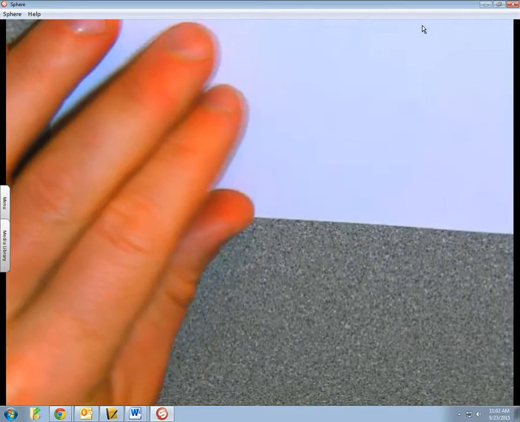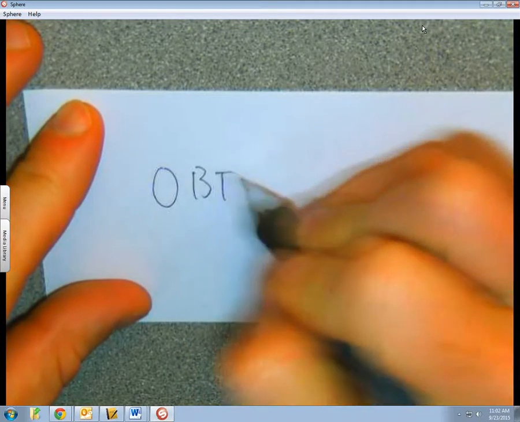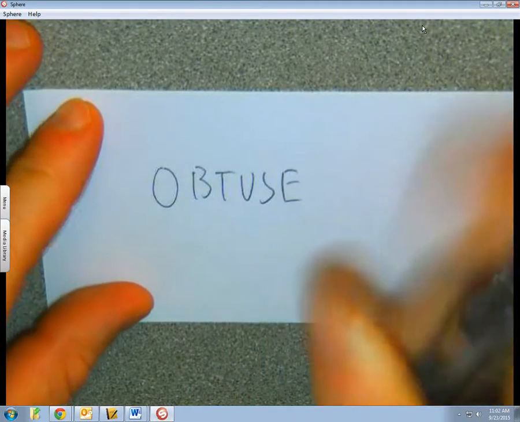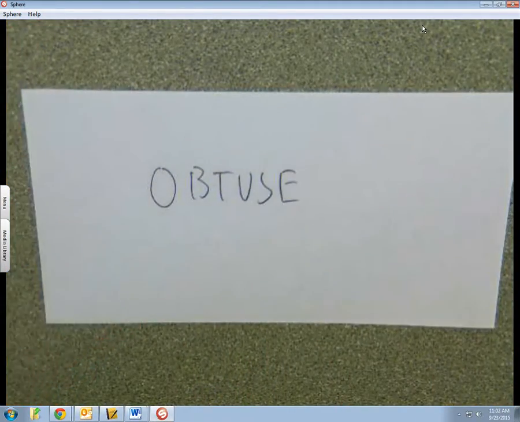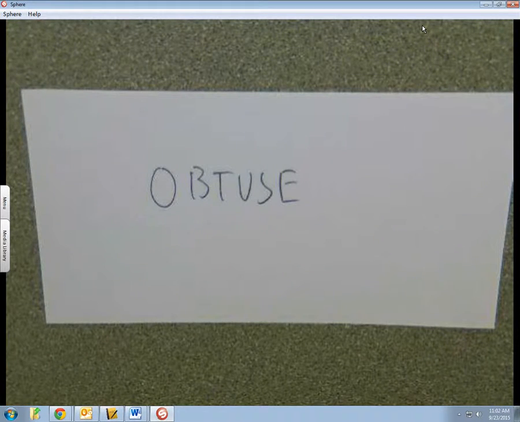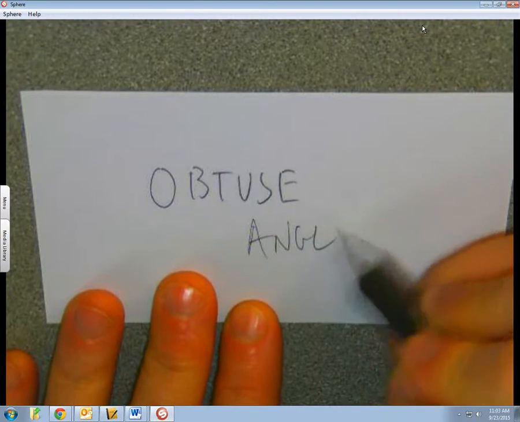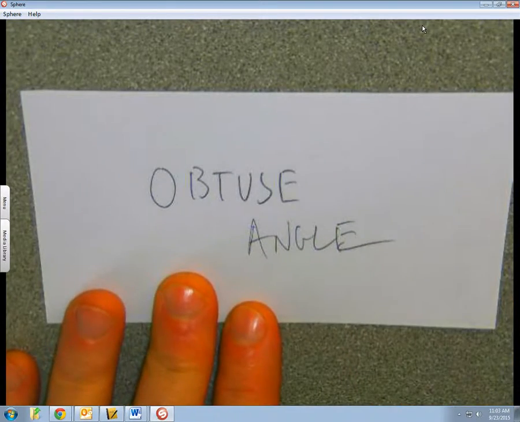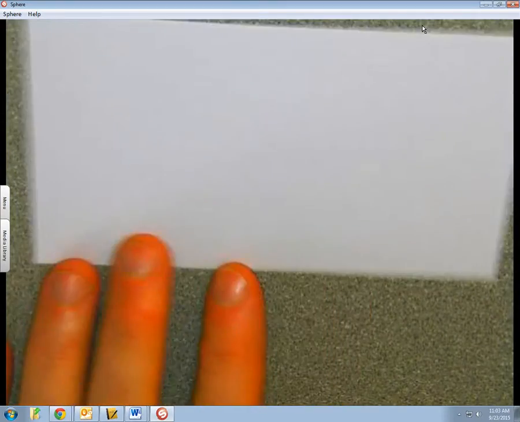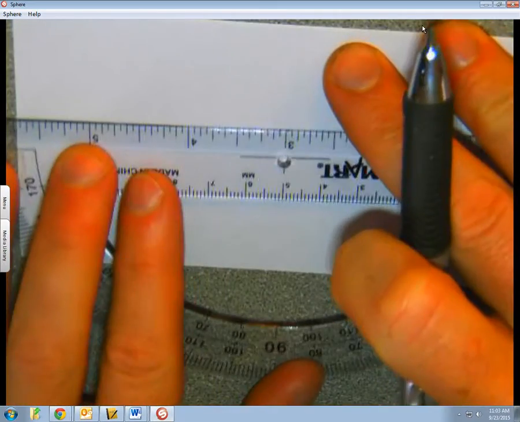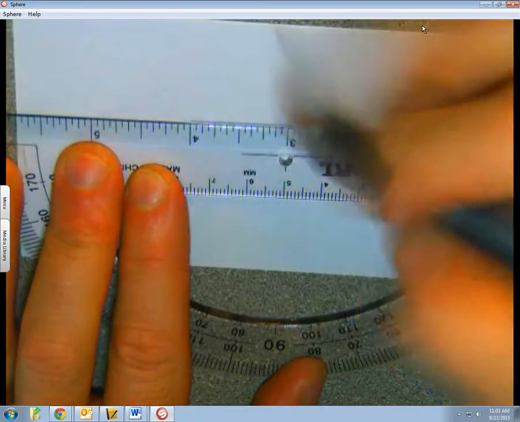Obtuse is the next one. Okay. Obtuse angle. Let's draw some obtuse angles. One like this.